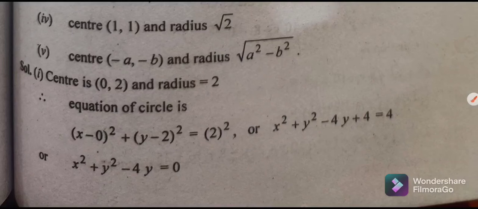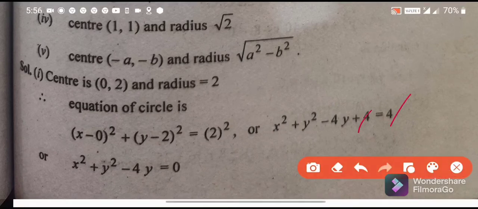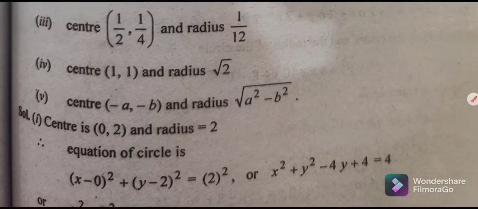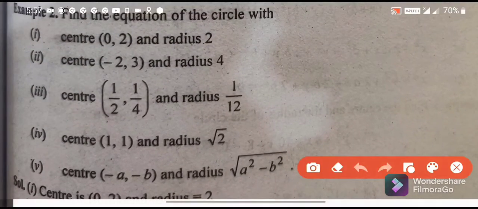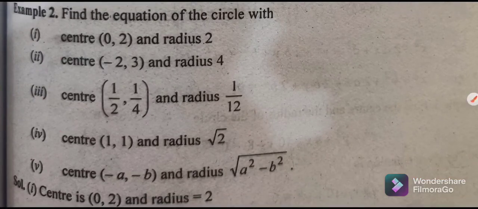Again by using the formula (a minus b) whole square, x square plus y square minus 4y plus 4 is equal to 4. Now this 4 cancelled, then we get this equation. In this way you will solve these parts also for practice.